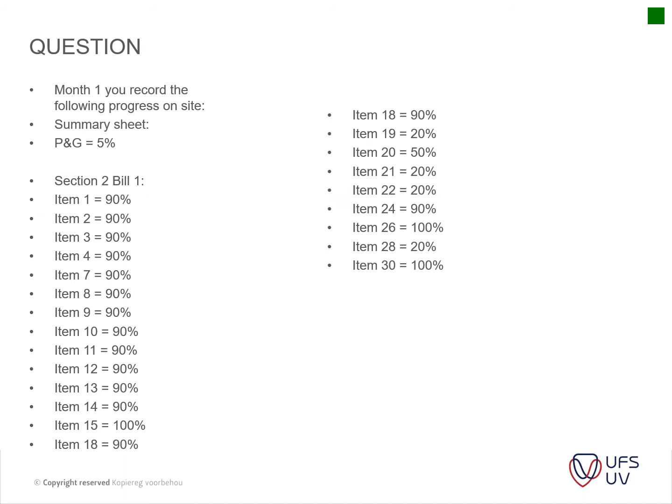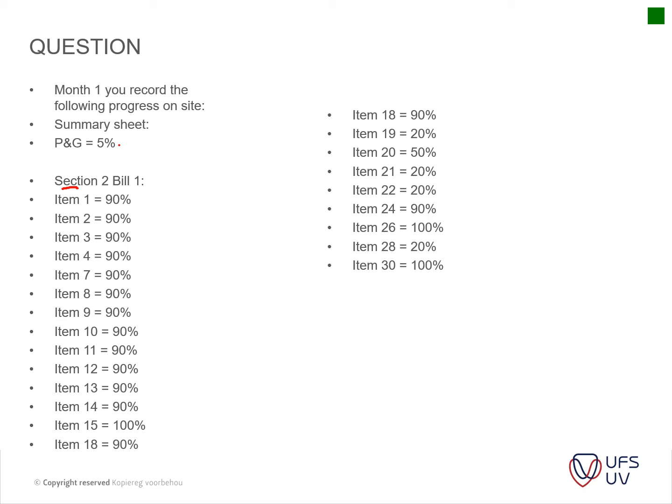So when he gets back into the office, he calculates all his measurements. Okay, and so he's measured all of his work on site. Okay, the P's and G's I'll get to just now. So in his bill items, you will see there will be sections. I'll explain the sections when I get into the actual payment certificate.